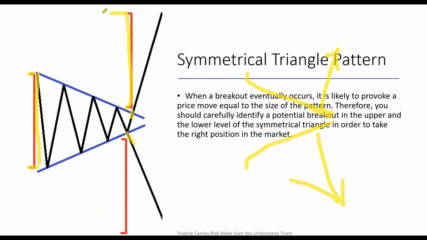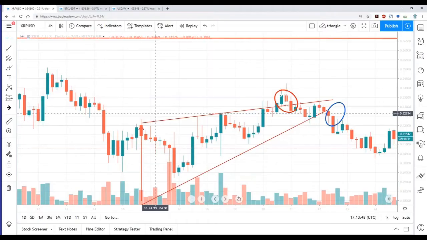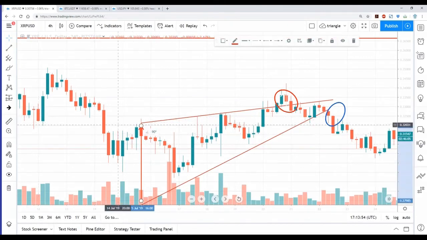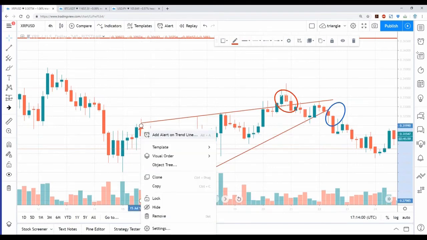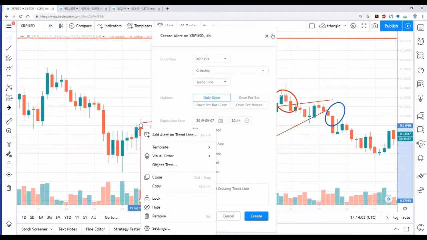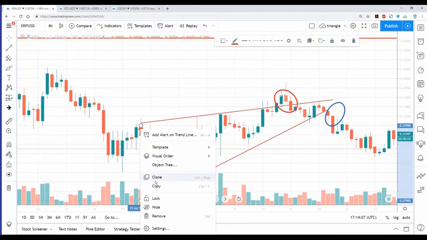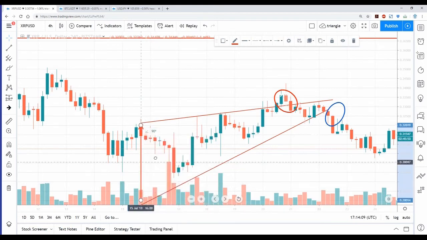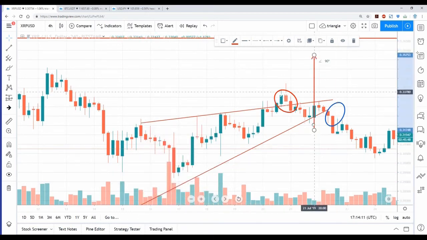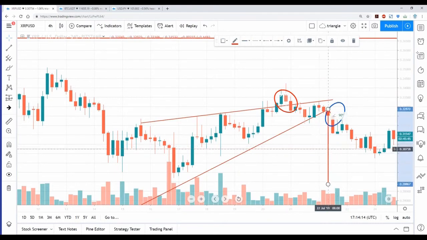So let's go back and look at my chart here. So in other words, the width of this triangle right here, we could take that, and if it breaks downward, that would be our estimated move of the downward move.